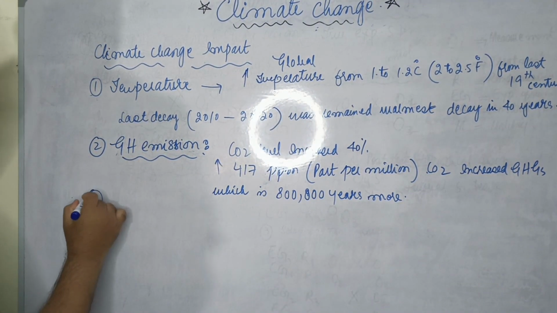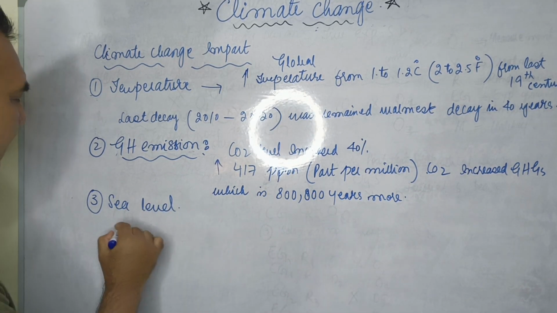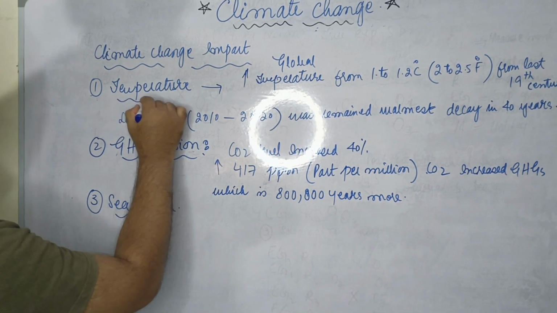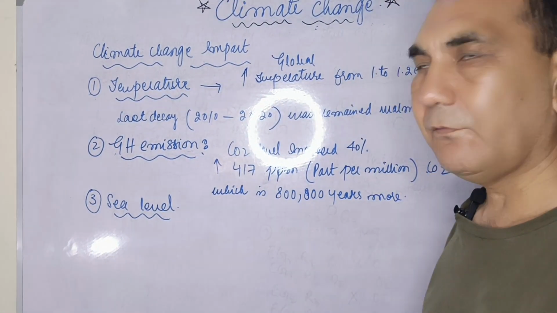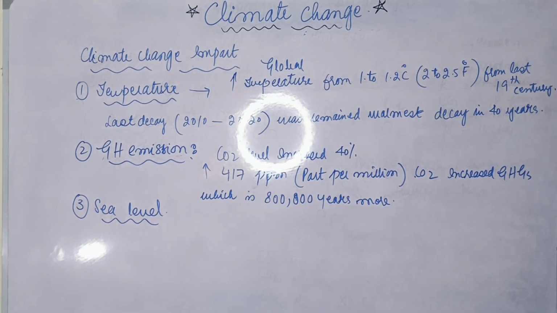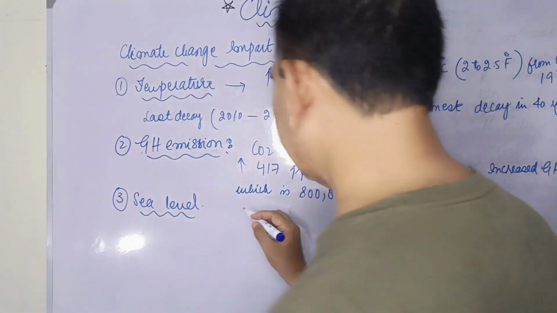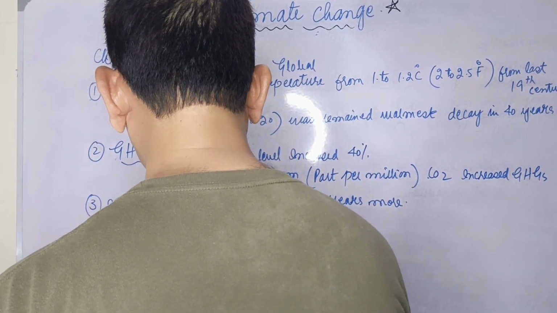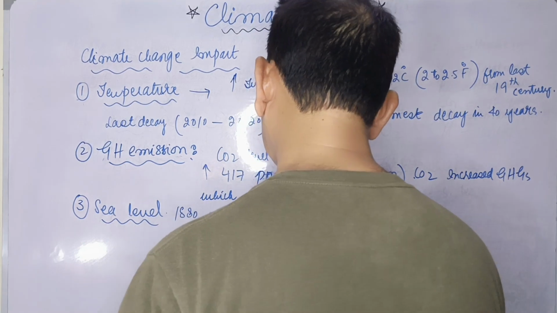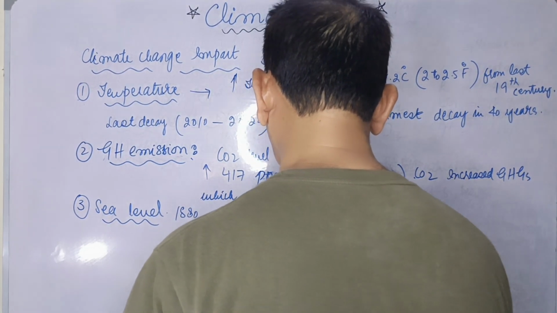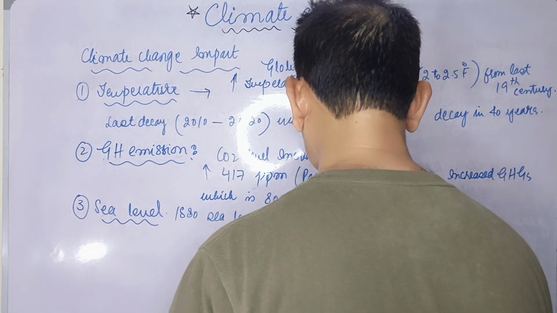And the third impact is the sea level. Scientists say that since the 1800s, since 1880, the sea level has increased by 1 to 8 inches.